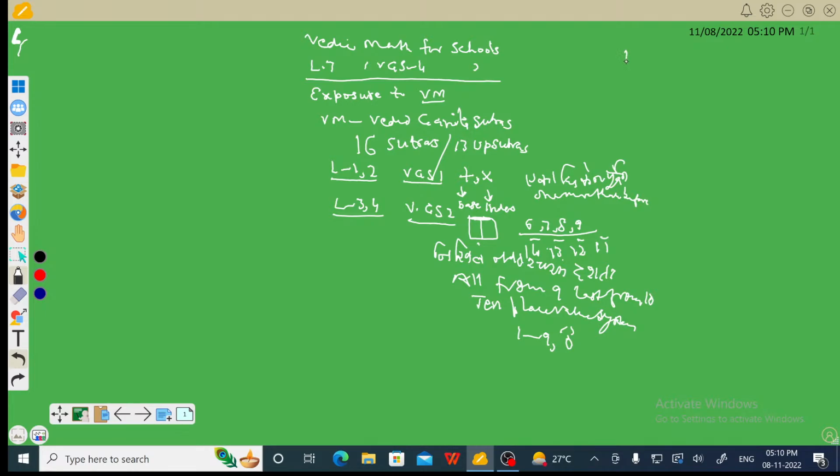Lessons 5 and 6 are about Vedic Ganita Sutra 3. Text is Urdhva Tiryagbhyam. Simple rendering is vertically and crosswise.